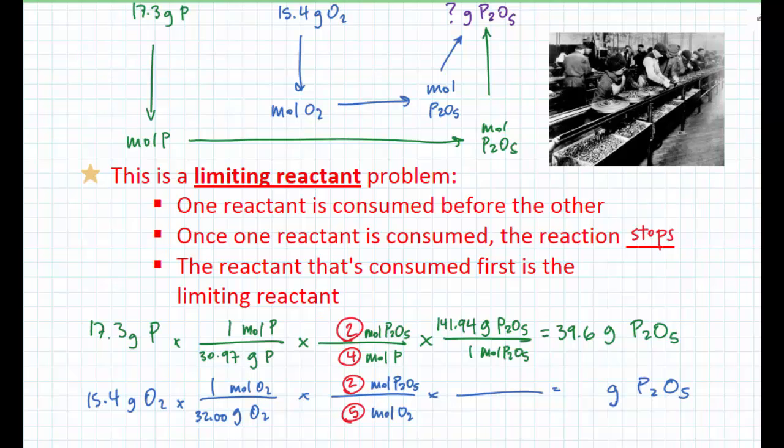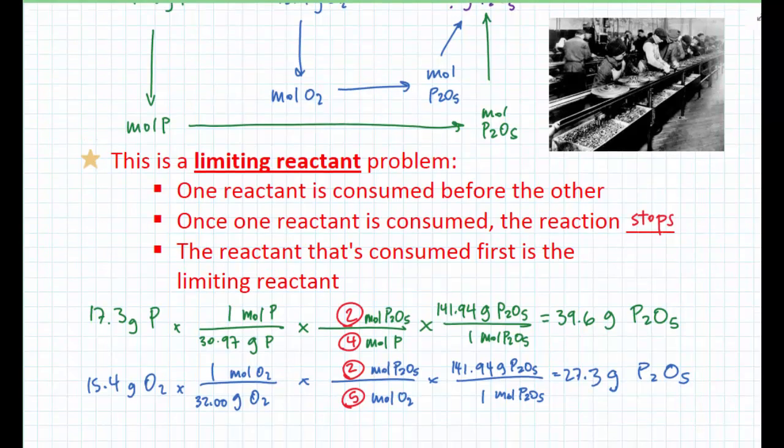Okay. And then this last one will look just like it did up here, 1 mole of P2O5 to 141.94 grams of P2O5. And the answer I got for that one is 27.3 grams of P2O5. Okay?